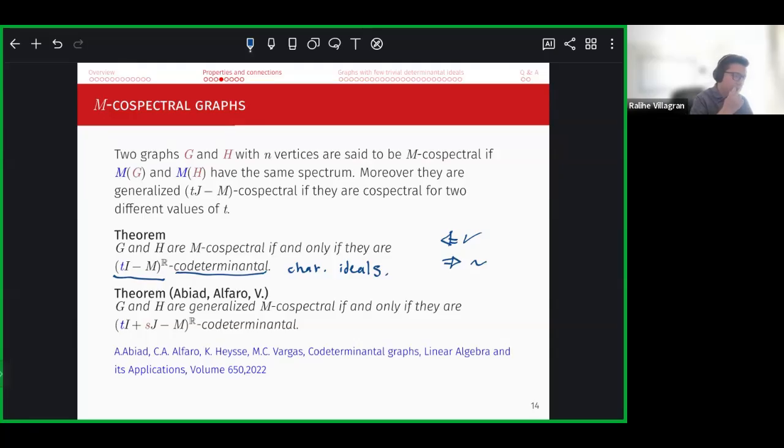And in particular, they have the same algebraic rank. So that's a nice result. And actually, we can talk about generalized M-cospectrality, which happens if two graphs have the same determinantal ideals for this matrix.